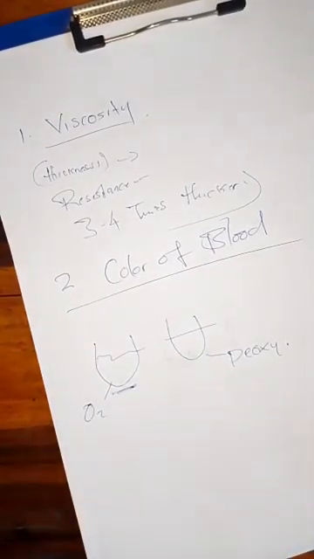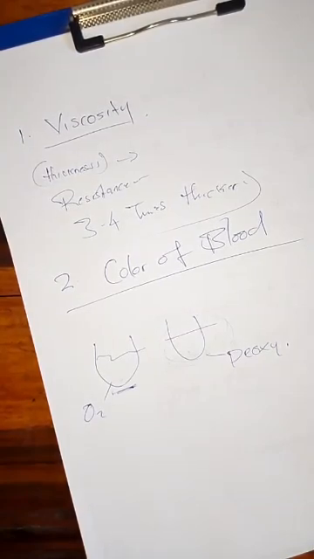Why? This is because blood has what we call hemoglobin, which is a pigment found in the red blood cell that gives it its color.